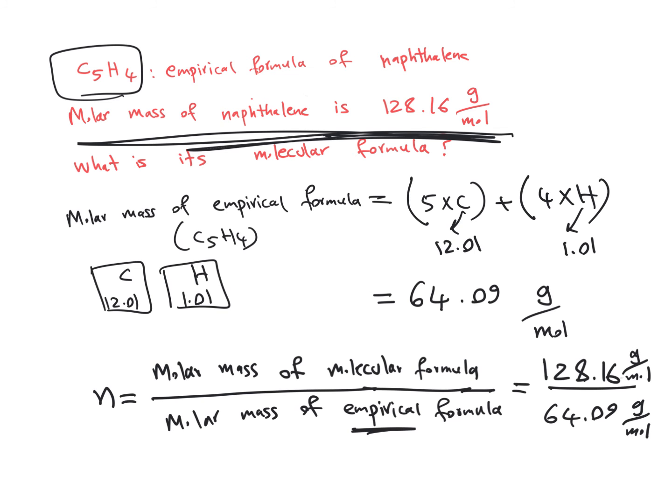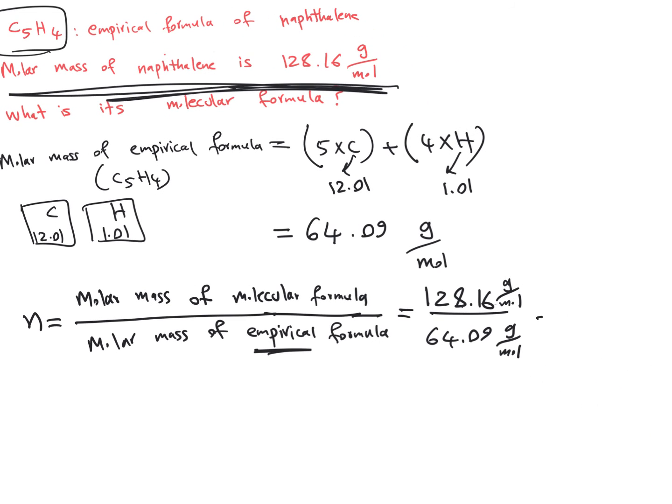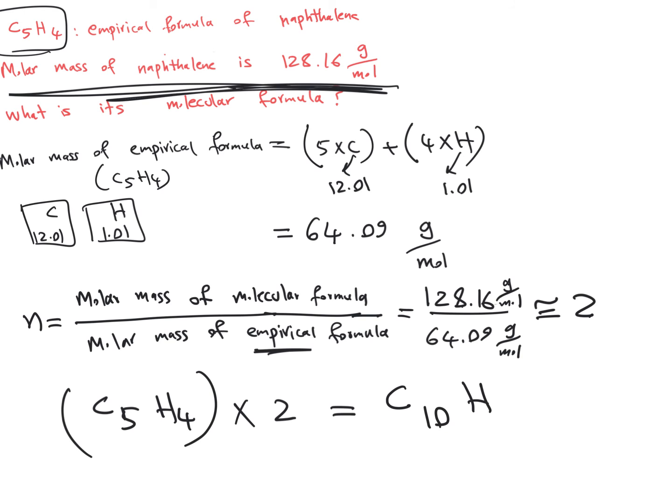When you do the math and round, it would be 2. So you take C5H4, multiply it by 2, and you get C10H8.